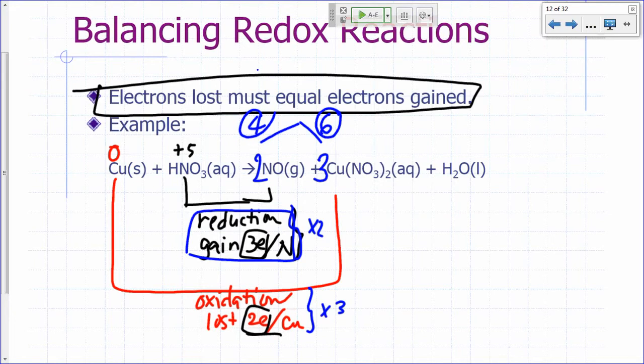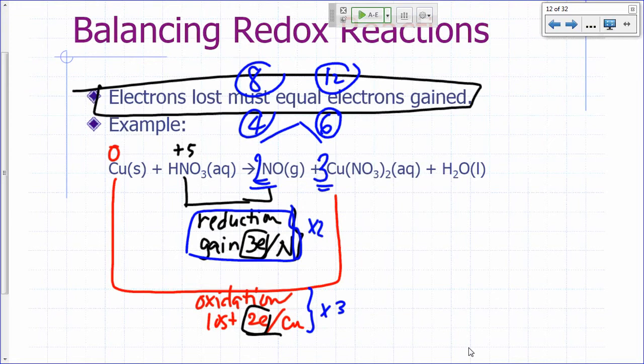If I ended up with an 8 over here, this would have to be a 12. 2:3, 4:6, 8:12. That constraint fixes those two and simplifies things for you. You have less to worry about in terms of trying to adjust coefficients.